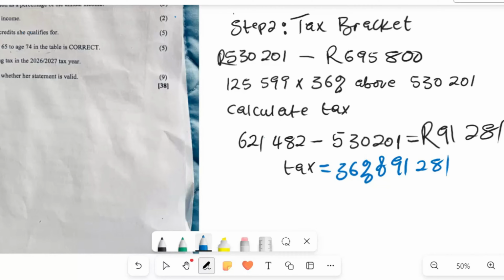And that's going to give us 32,861 rand and 16 cents.